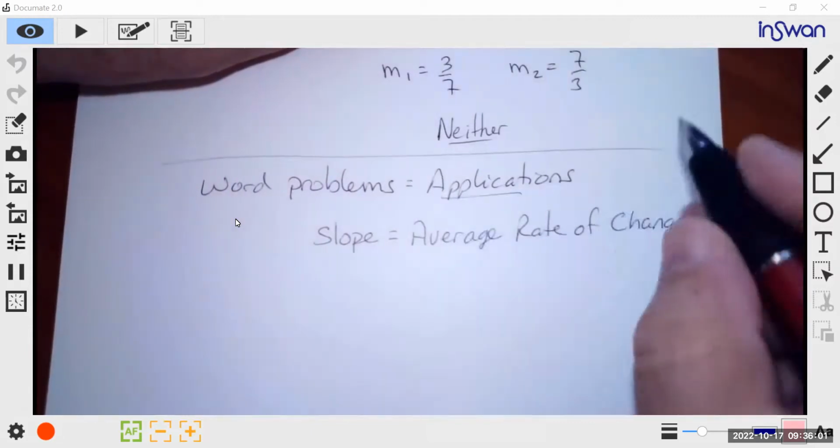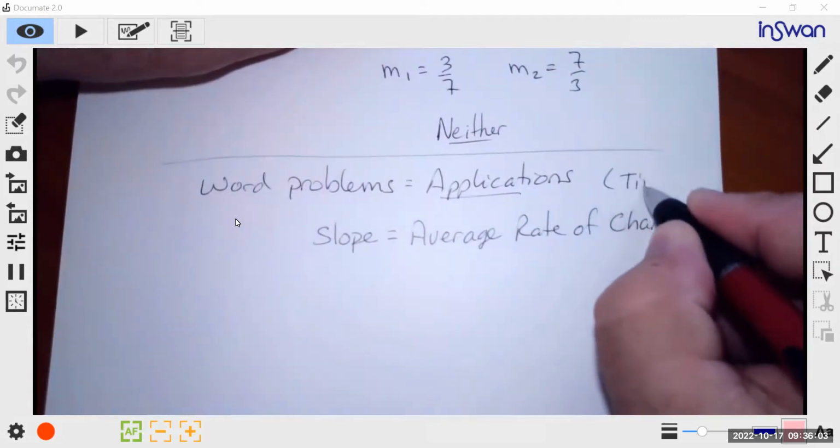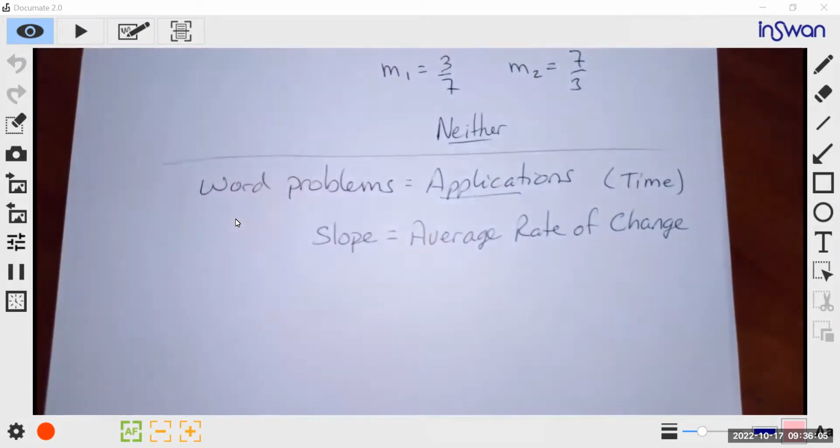Because in application problems, we deal with time. Whenever you deal with time as one of the variables, then you have to use average rate of change. It's the same equation. It's just that the words change.